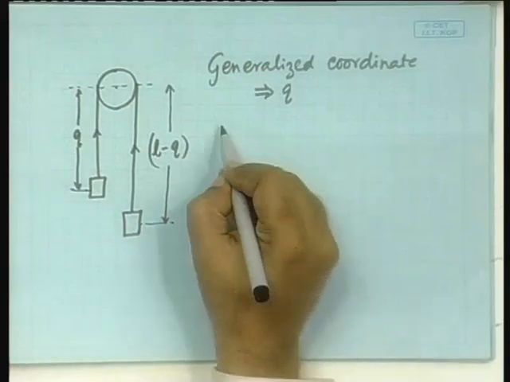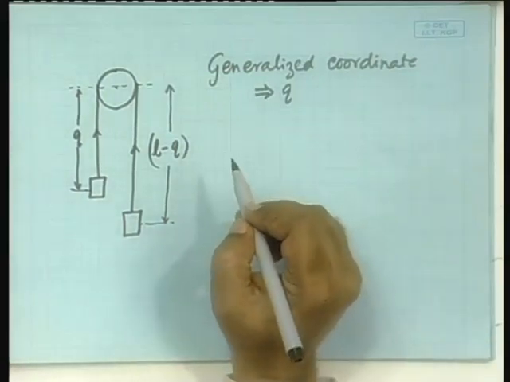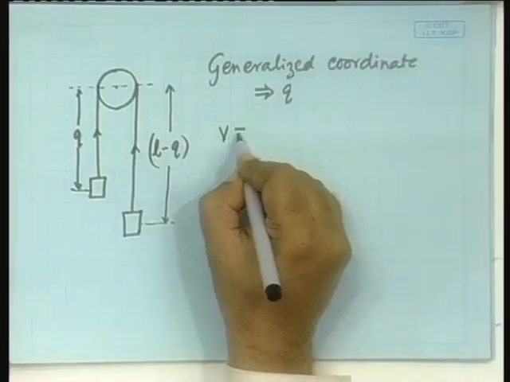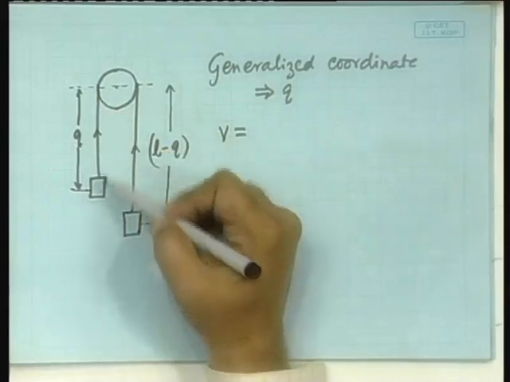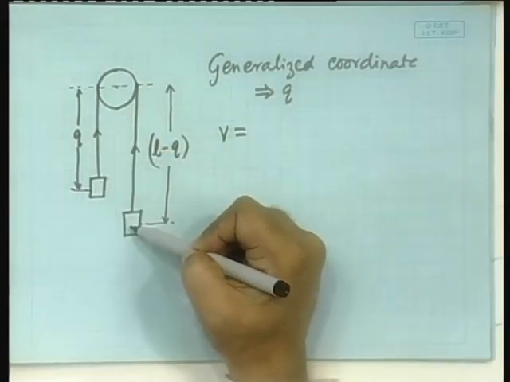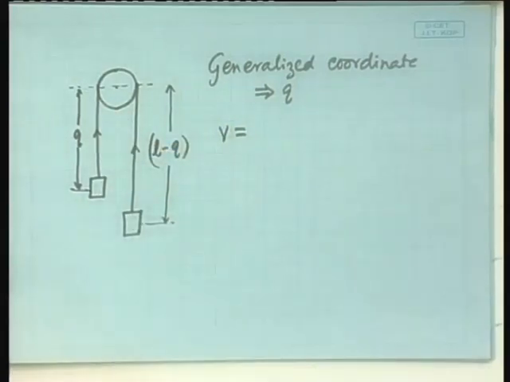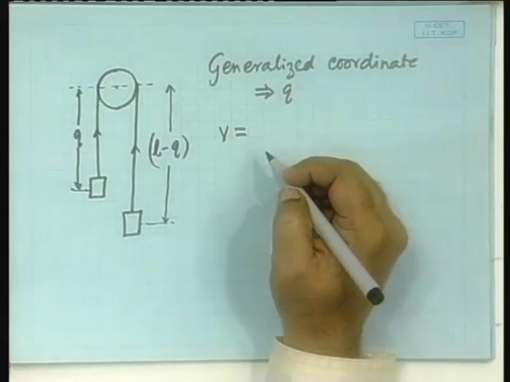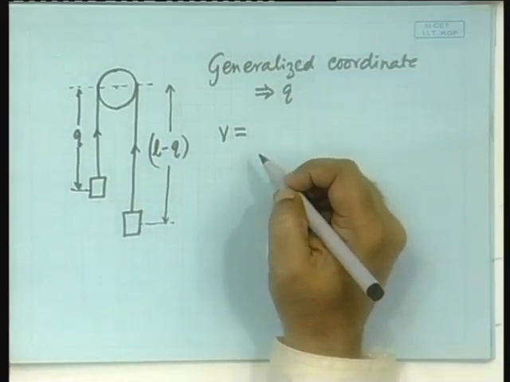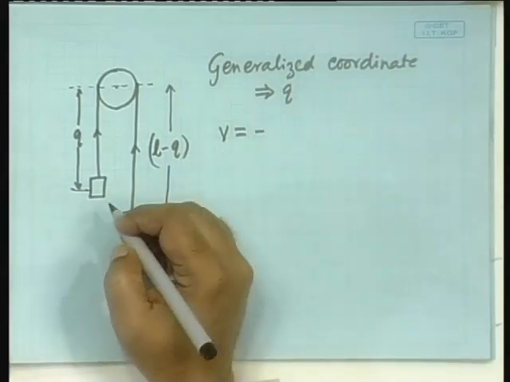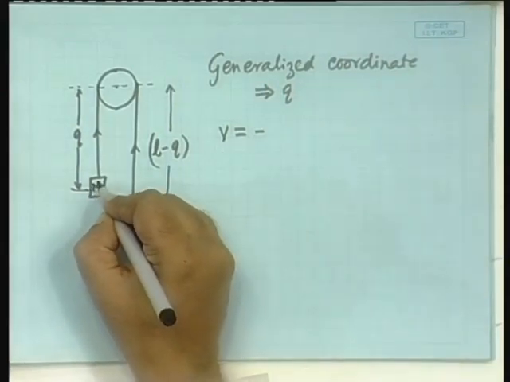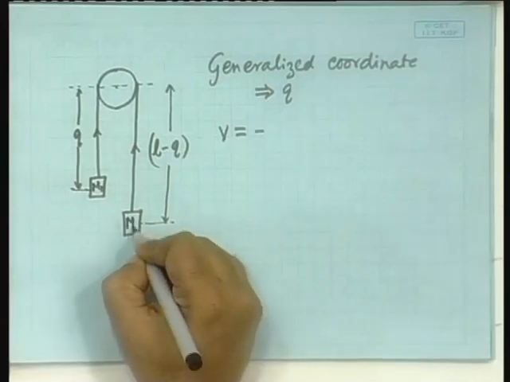Now, write the kinetic energy and the potential energy. So, what will be the potential energy? Potential energy is the potential of this body and the potential of that body taken together. So, you have, let this be M1 and let this be M2.